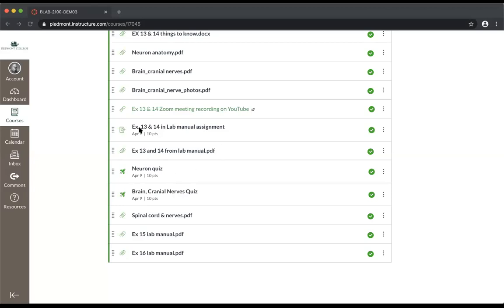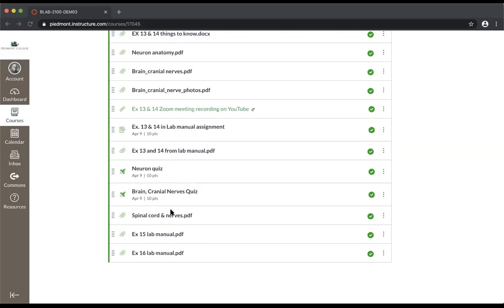And the other thing is that exercise 13, 14 in your lab manual assignment. Again, I know there's some that are like drawings in there. Just do the ones that you can easily translate into a Word document. Again, I've got PDFs of the lab manual if you don't have it for exercise 15.